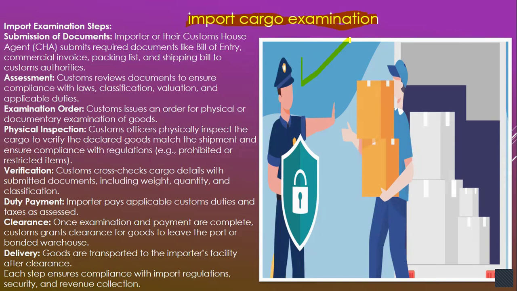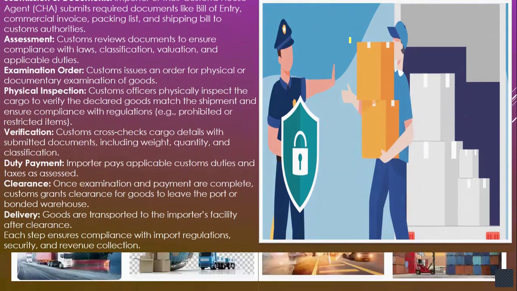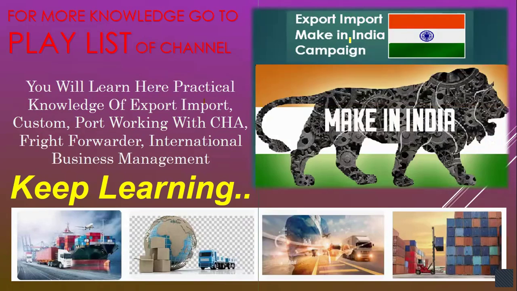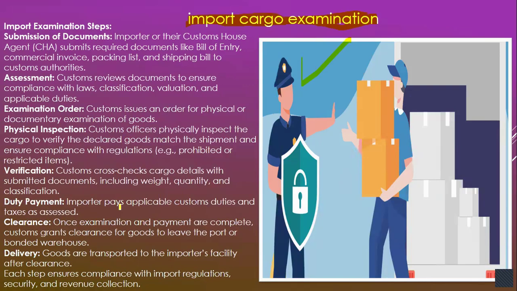Government officers check the cargo as per the foreign trade policy, which is amended every 5 years, and the rules, regulations and provisions they need to follow as per import and export. So the examination process means the cargo is examined as per the given documents.